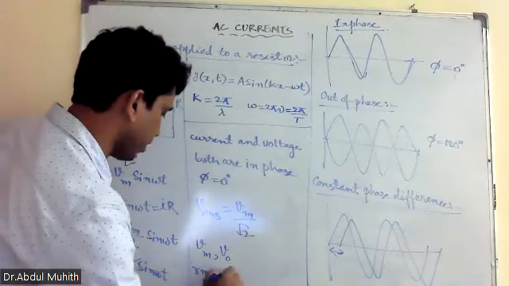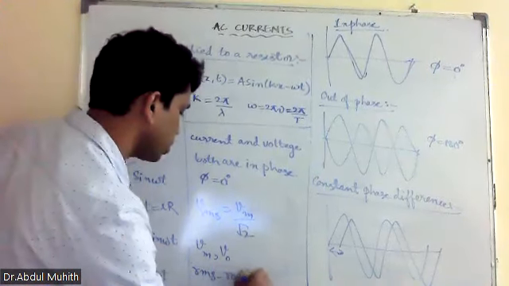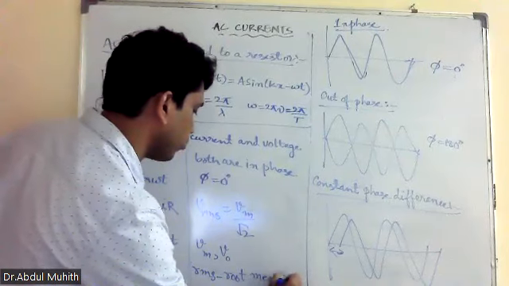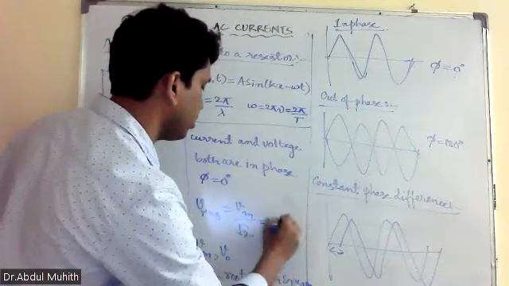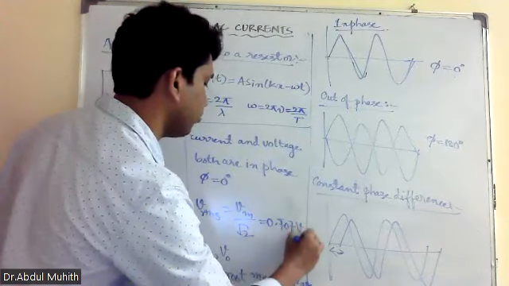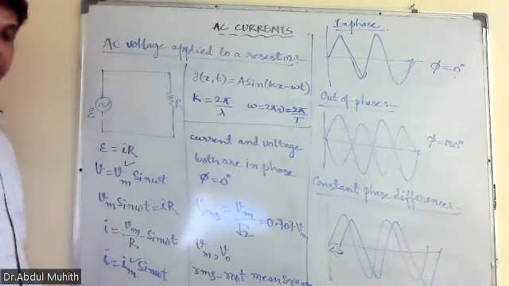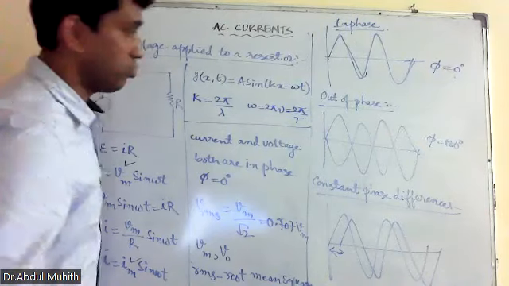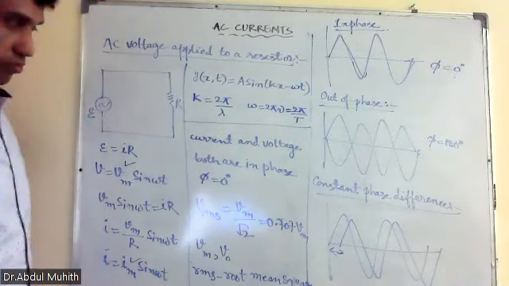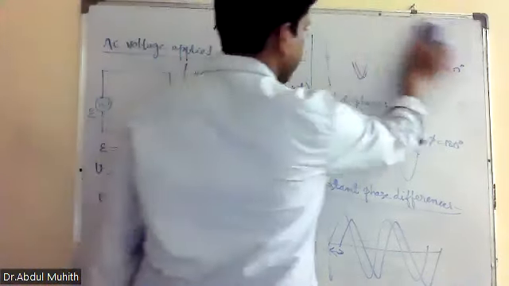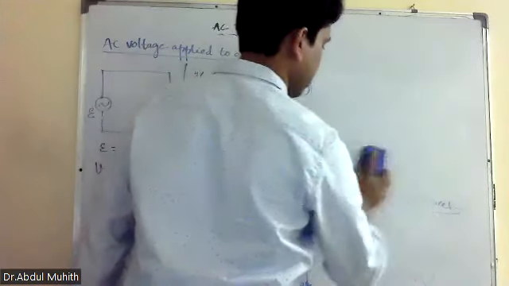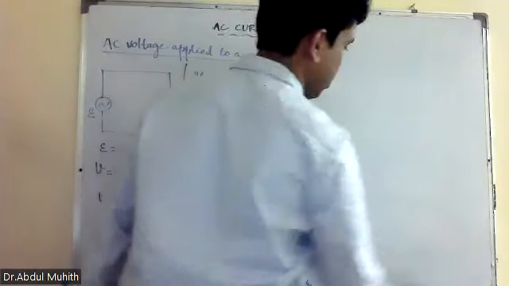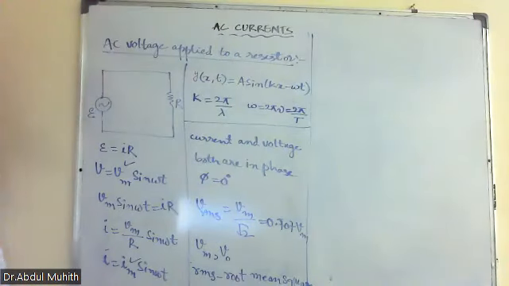RMS means root mean square, root mean square voltage. So we can also write 0.707 Vm. We can write it in this way also. Vrms is equal to what? Vm by root 2. Is that clear? That's the formula.